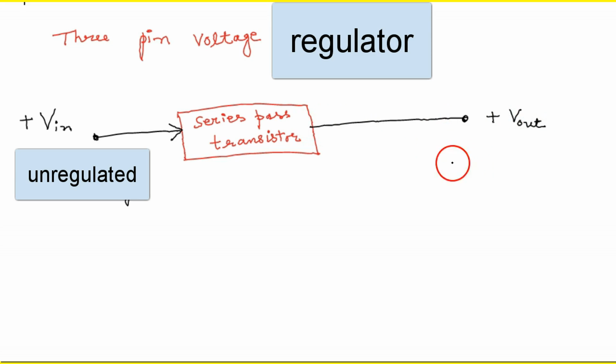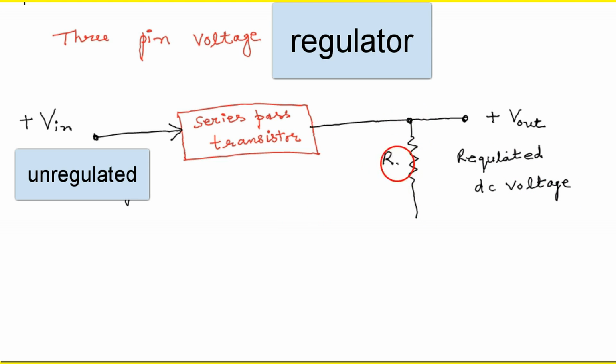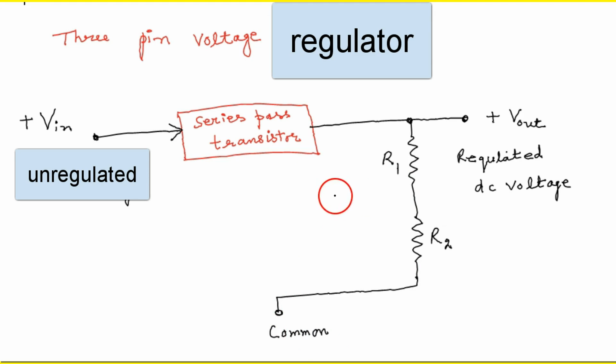And here is the output voltage, which is the regulated DC voltage. This is a network R1 and R2. And here is an op amplifier. The minus terminal is attached to the R1 R2 network.